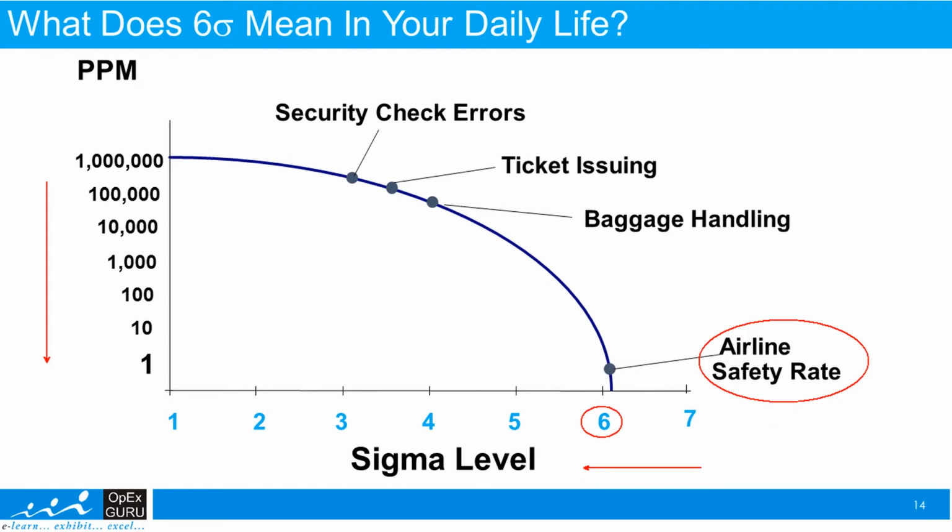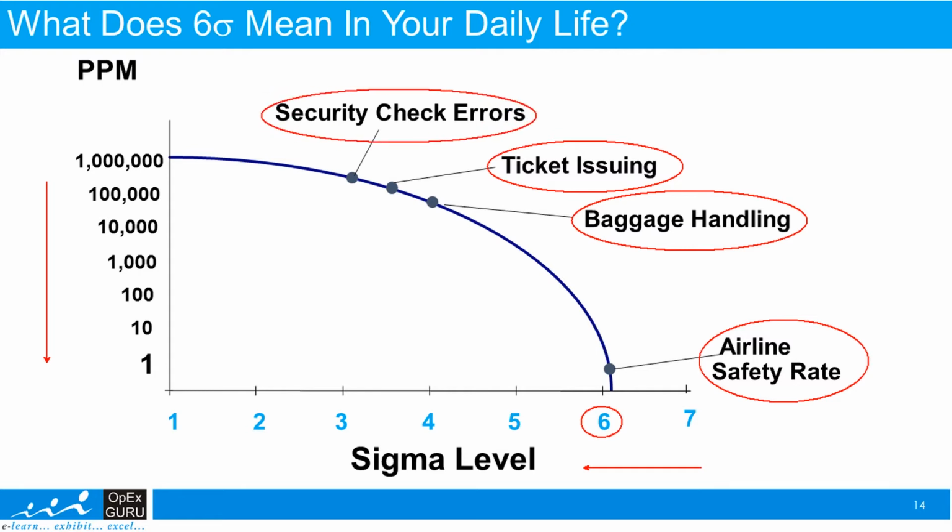Obviously it has to be more than 6 sigma level. But in the same airline company, the baggage handling process can be less than 4 sigma level also. A ticket issuing process or the errors in ticket issuing can be between 3 to 4 sigma level, and the errors made in security checks can be around less than 3 sigma level.